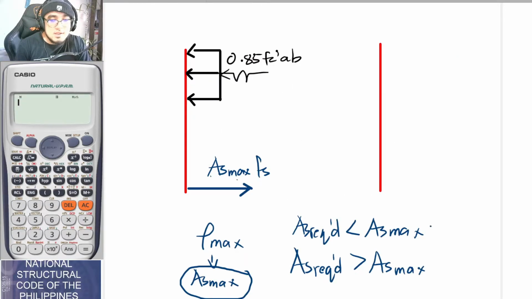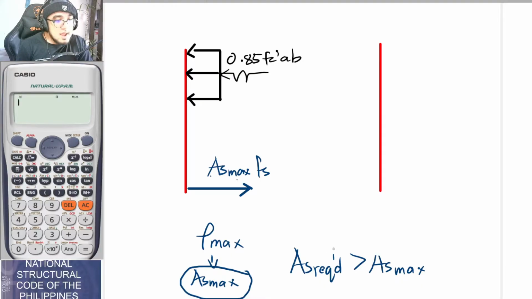Because in this case, you can just design it in SRB. So SRB lang siya pag mas mababa yung AS required natin as compared with your AS max. So once again, that is to be the main idea here. So that is to be the main appeal.